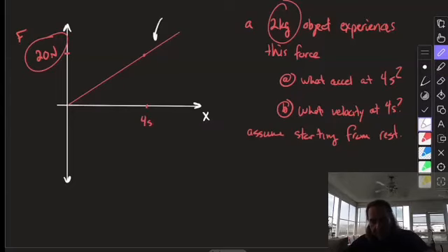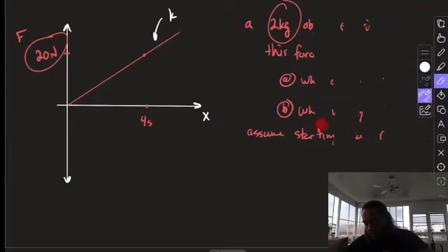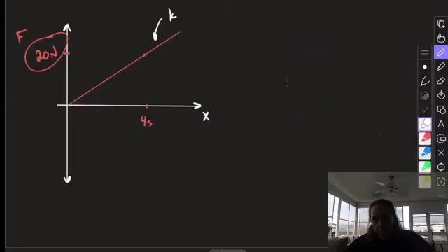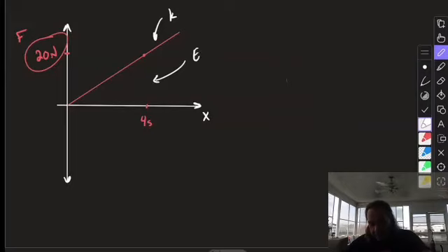The slope of this line is K. And since it's a force as a function of position graph, the area under this graph is energy or work. I could say, what is the change in kinetic energy from this one? You could get it directly by looking at the area under the graph.